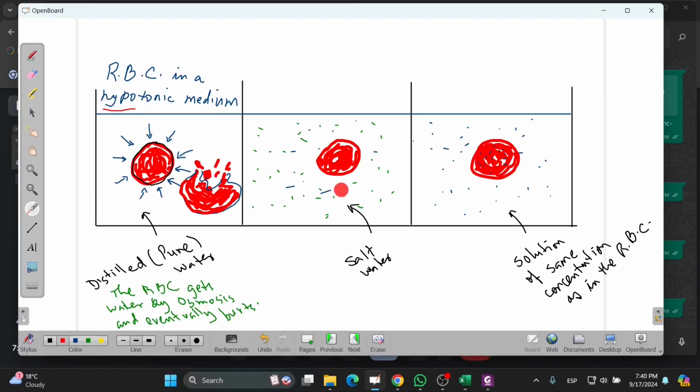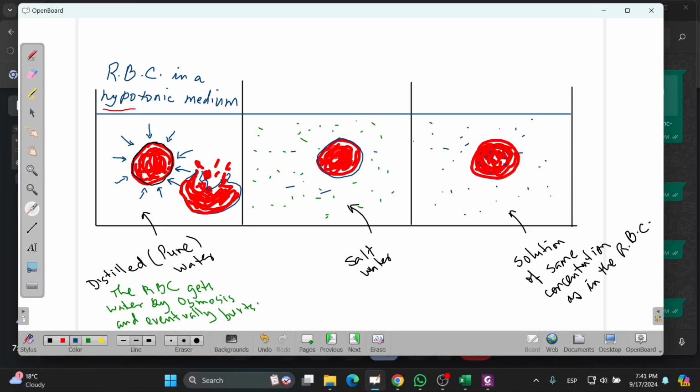Now, what do you think will happen here, guys, in the second scenario? We put a red blood cell in salt water, and this red blood cell also, of course, has a cell membrane which is partially permeable. And this water outside is salty, meaning that it is more concentrated than inside the cell. Inside the cell is more dilute, more watery than outside.